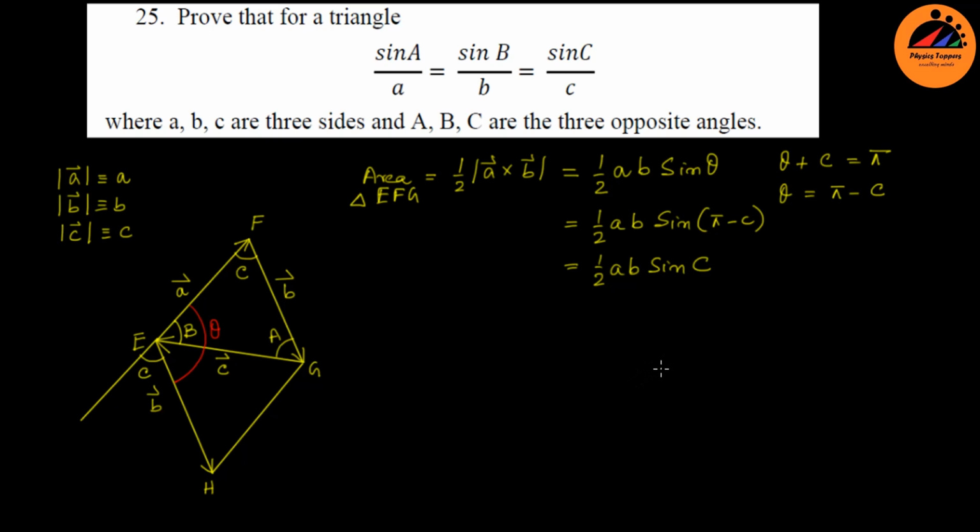Now if you go by some other way, let's find the area of the triangle with the help of B cross C. So what is B cross C? Here we have B, and you need C, right? C is already there. So what you need to do is complete the parallelogram.